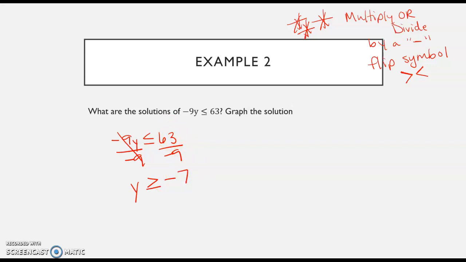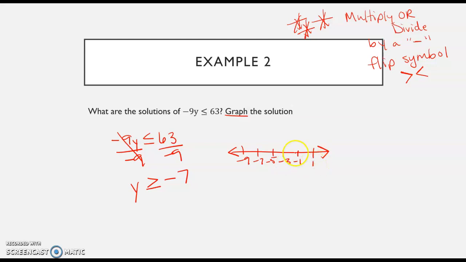And that's it. Okay? So do not forget that when dividing or multiplying by a negative, we will have to flip our symbol. And then again, it says graph. So to graph, negative 9, negative 7, negative 5, negative 3, negative 1, 1.